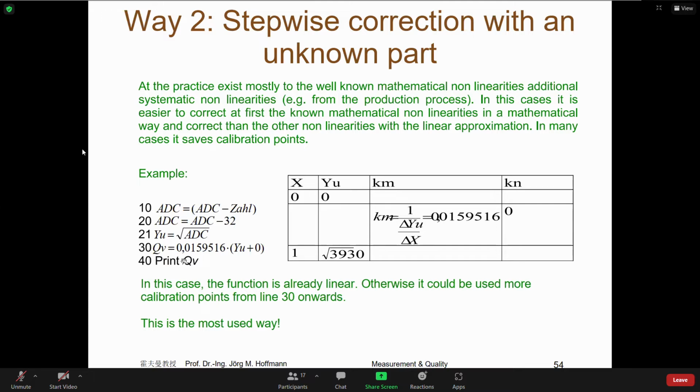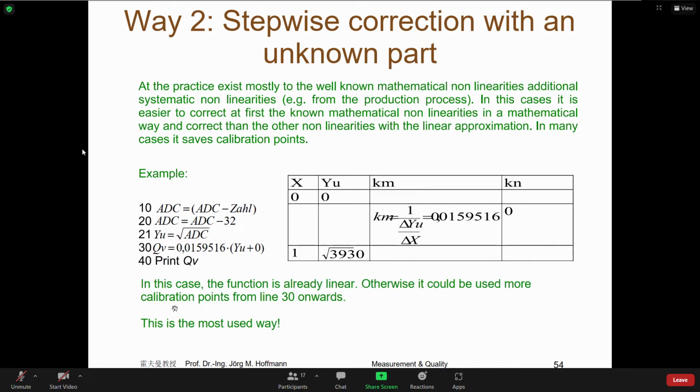And so you can, after this line 0, make a line approximation where you divide this range into 1 or 2 steps and can make an additional line approximation, but with fewer calibration points.